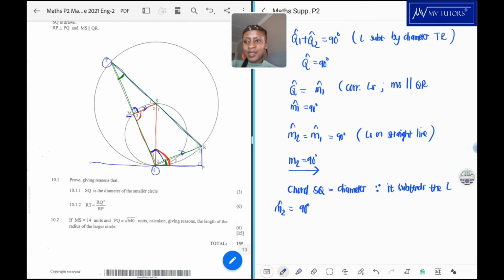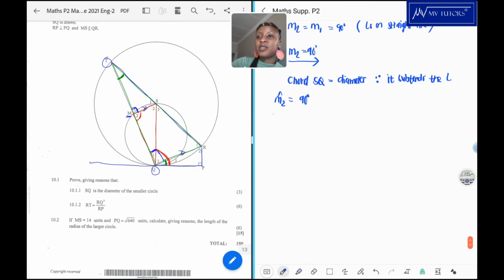It looks like a lot for 3 marks, but it is what it is. If you can do it in a shorter way, that's great. So that's 10.1.1, and now we go to 10.1.2.